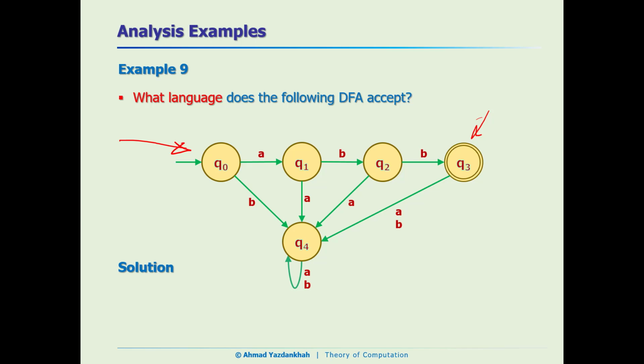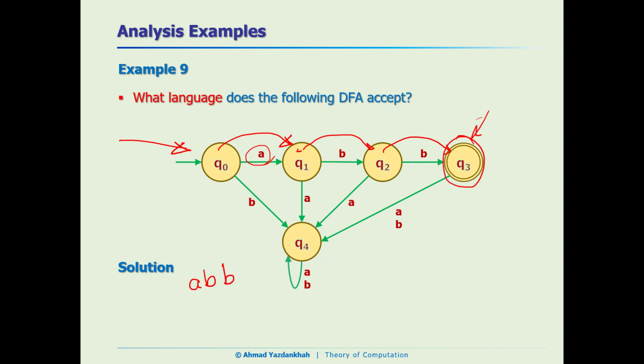Therefore, we need to know when the machine stops here. When we analyze this, we see that if the string is A, it goes here. If it is B, it goes here. If it is B, it goes here. So definitely one string that will be accepted is A, B, B.